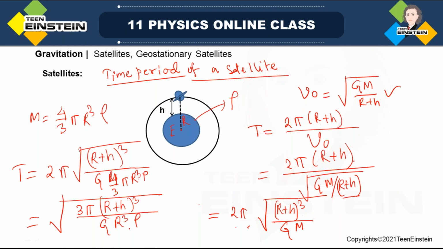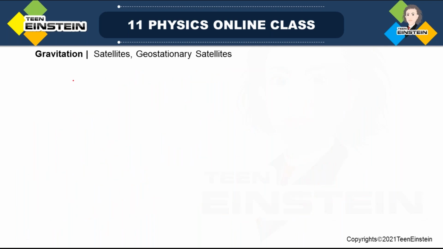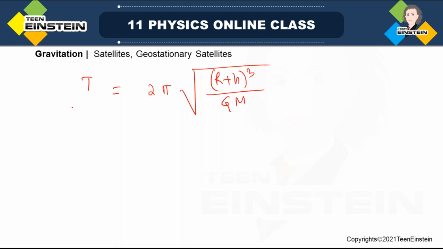Now suppose this satellite is very close to the earth surface. We have got the expression for the time period: the master equation was 2 pi root over (R plus h) whole cube divided by GM.